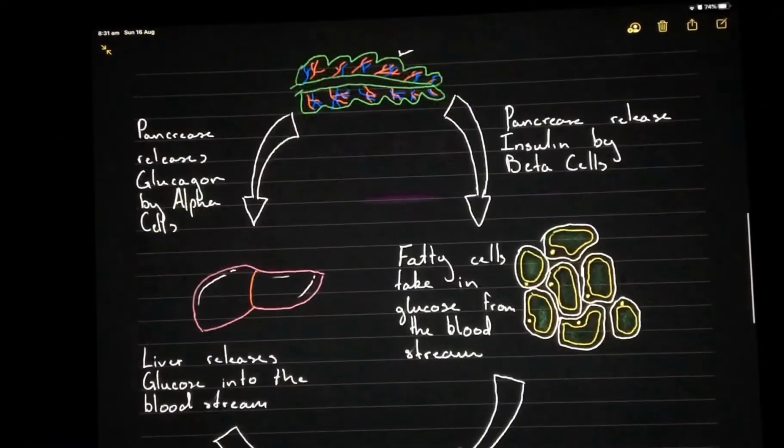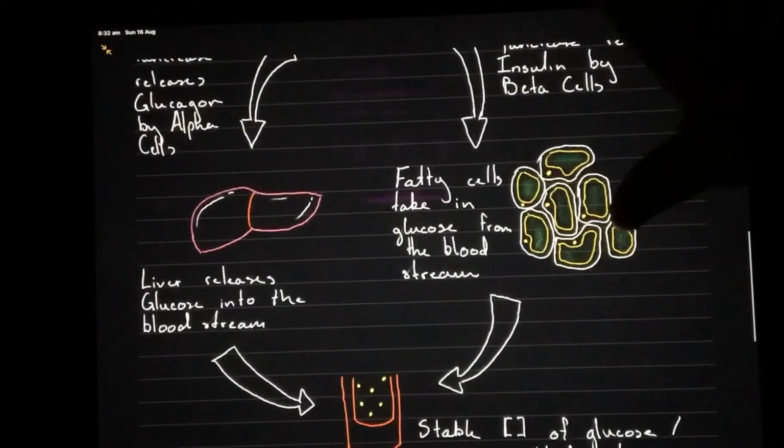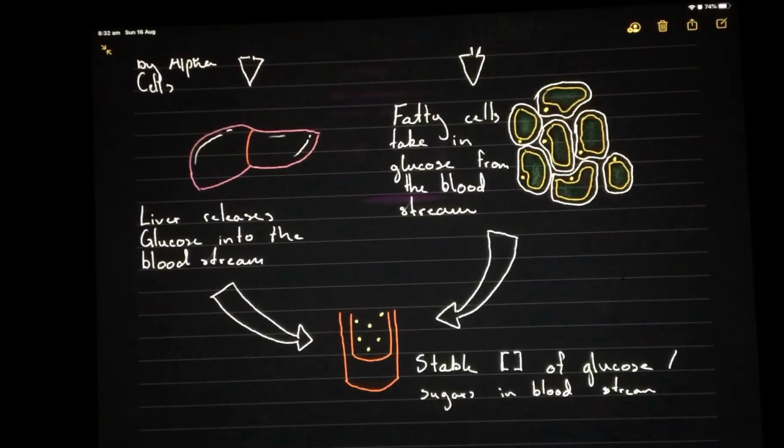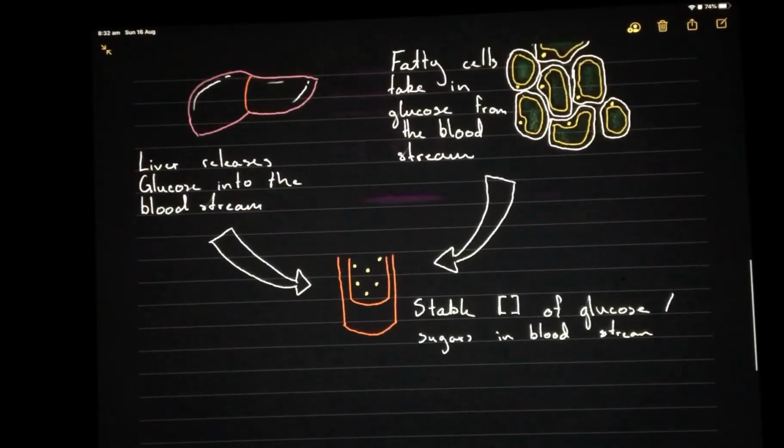This insulin is a small chemical that causes fatty cells, and the liver, to take in this glucose. Overall, it will have its ups and downs, but overall, it will stabilize the concentration of glucose in the bloodstream.